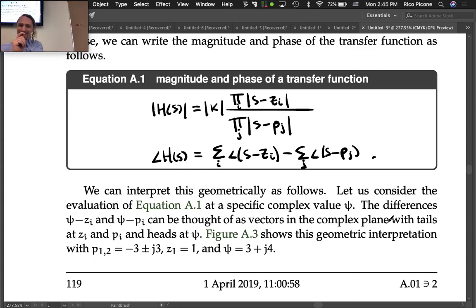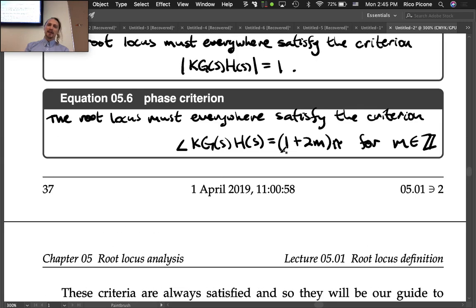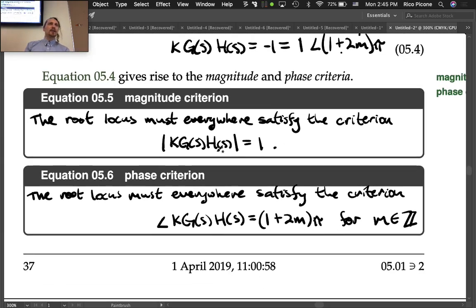Okay, so we can interpret this geometrically as follows. We just saw the magnitude and phase criteria like 5 seconds ago, right? Magnitude of a transfer function, phase of a transfer function. That's what we're going to circle back to in a minute.